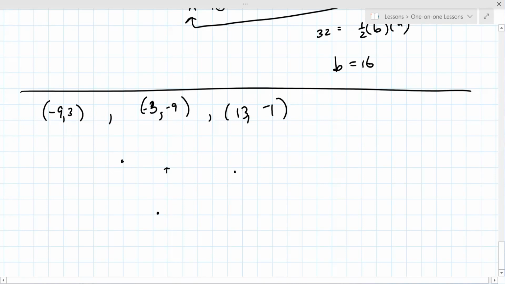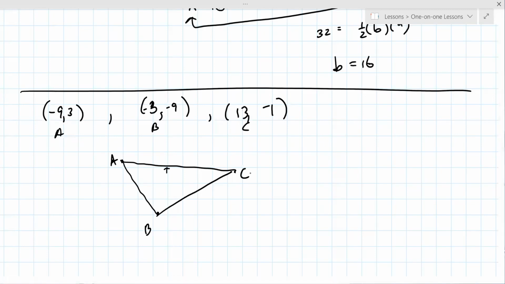If we were to draw a triangle through this, let's call this A, this is B, and this is C. Which of the 3 vertices is the likely right angle based on the way it's drawn?